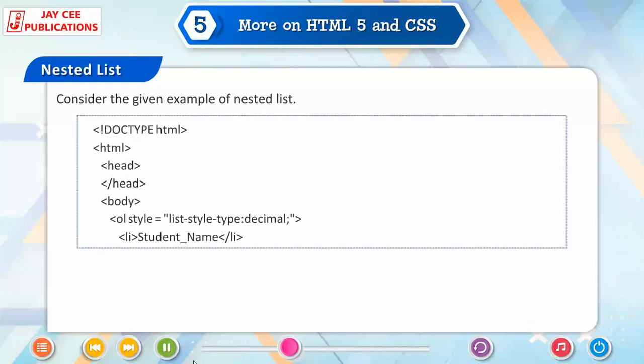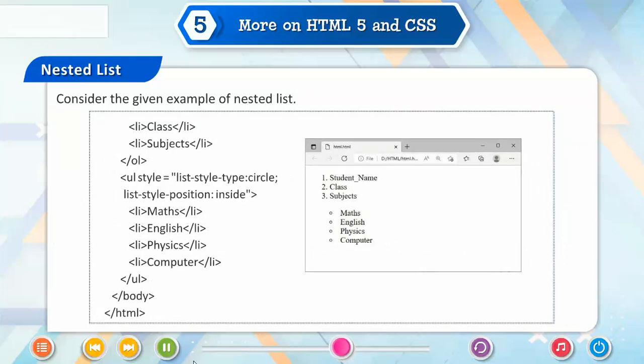Open exclamation doctype HTML, open HTML, open head, close head, open body. In angular brackets, OL style is equal to, in double quotes, list-style-type: decimal; open li student_name, close li, open li class, close li, open li subjects, close li, close ol.